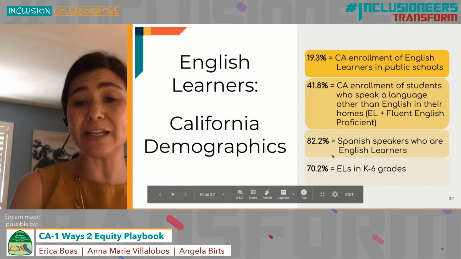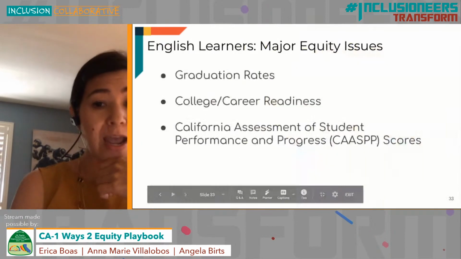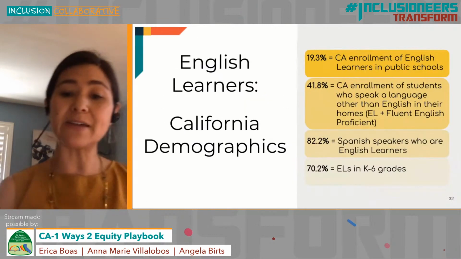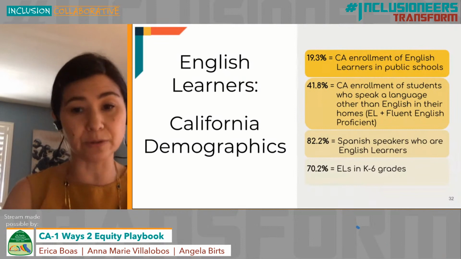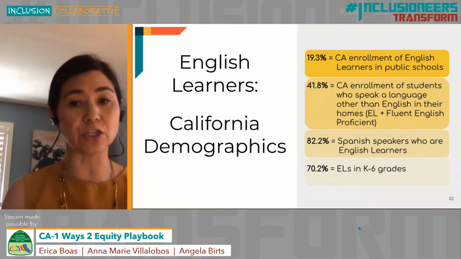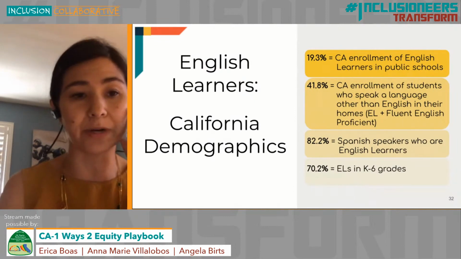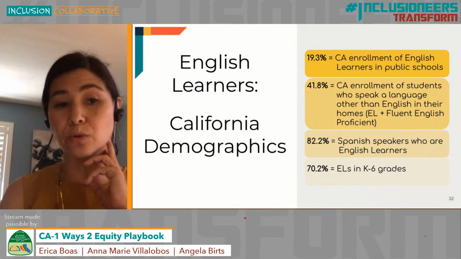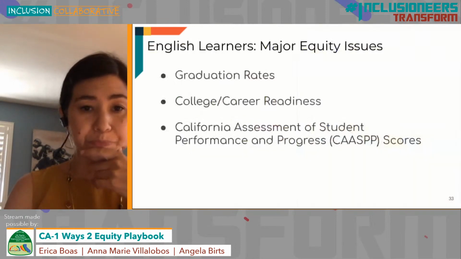So 82% of English learners are Spanish speakers, and 70% of English learners are in grades K through 6. So we see here the lay of the land for English learners. As I talk about the equity issues going forward and some of the resources and tools that align with English learners, please keep this context in mind.